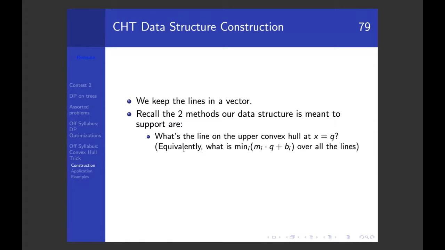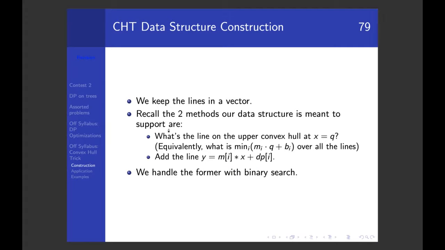As a recursive method, remember, we have to add a line. We have to query: what's the line on the upper convex hull at x equals q, or equivalently, what's the minimum y coordinate? That's our first operation. And the second is to add a new line. We do the query with binary search, as I said. We binary search over our list of line segments.